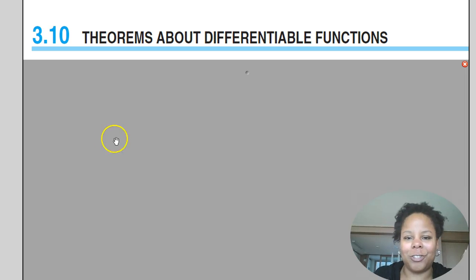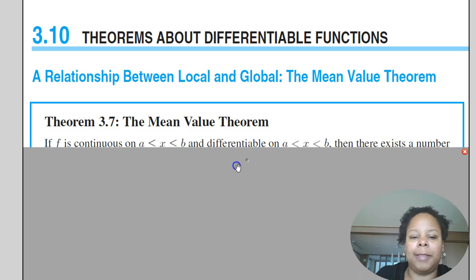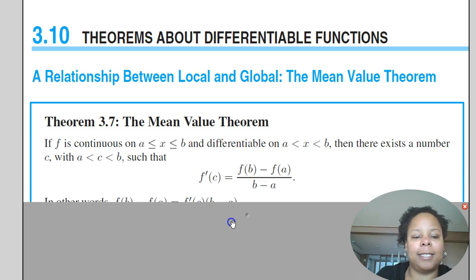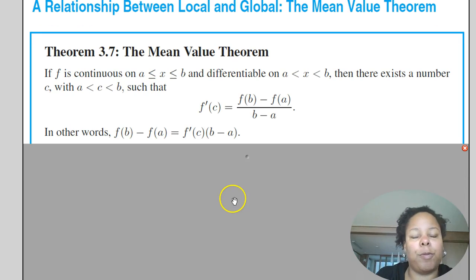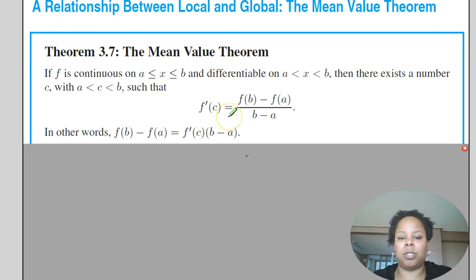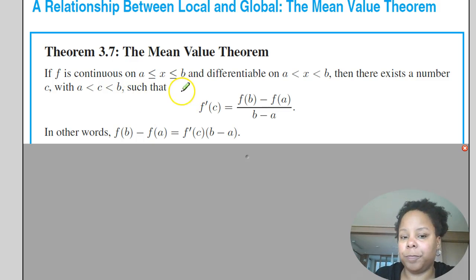All right, moving on to theorems about differentiable functions. And this is a very important theorem in calculus called the mean value theorem. And some of you may be like, this is obvious, and we probably have used it before, but you just didn't know it was the mean value theorem. So let f be continuous on some closed interval, and let f be differentiable on the open interval.